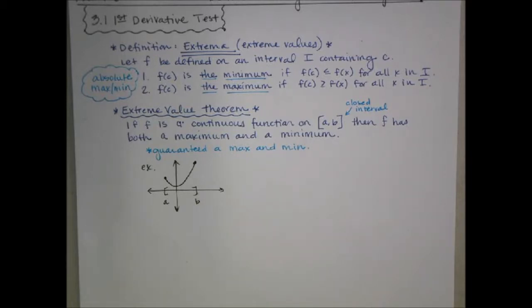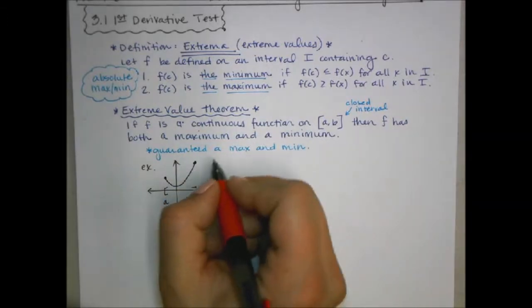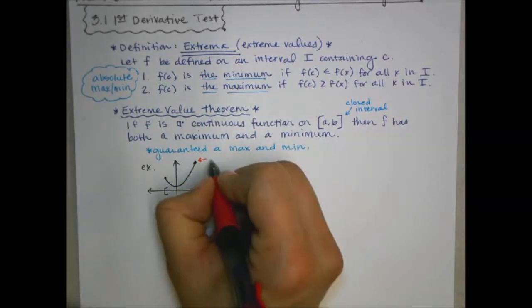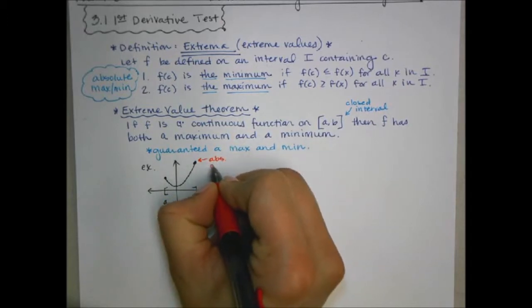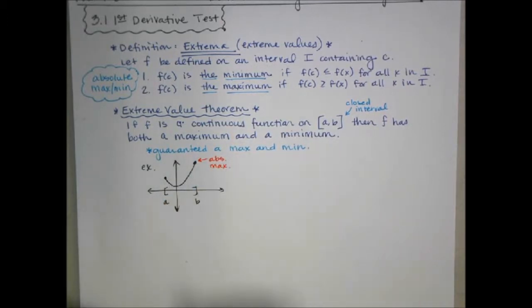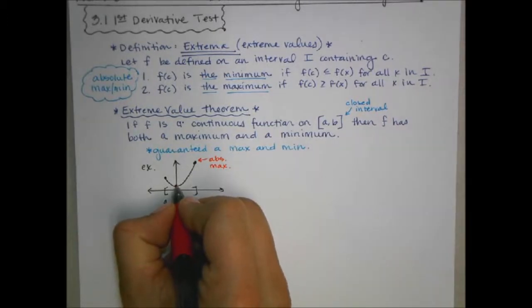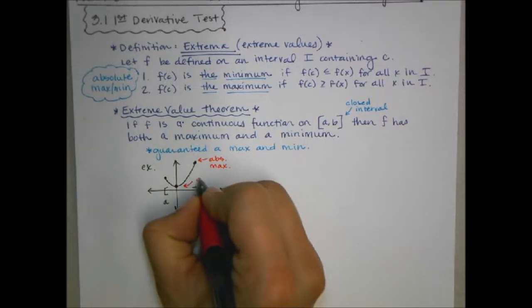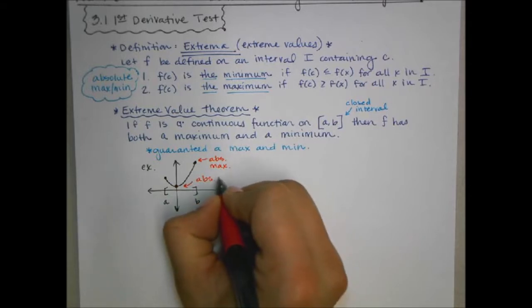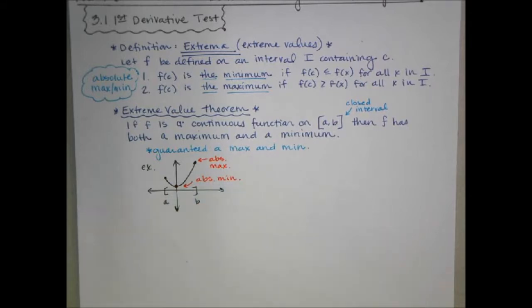And what we can see is we have an absolute maximum. The highest point, highest y value of all these values would be up here, the absolute max. We have a lowest point here, and that's going to be our absolute minimum, since it is the lowest value in this interval. So a closed interval is going to guarantee that we have one of each.